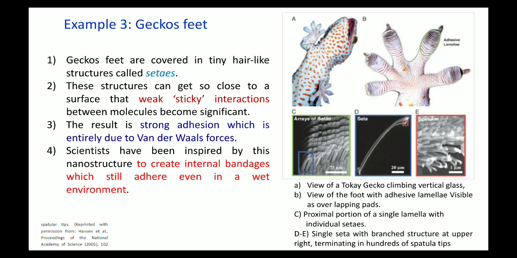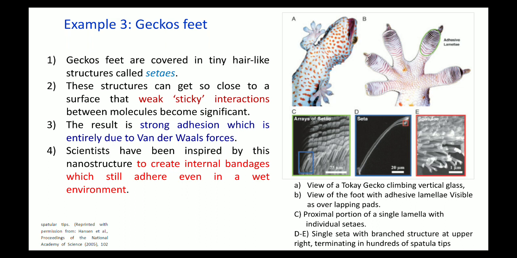In image C there is an array of setae: the proximal portion of a single lamella with individual setae. So a single lamella is made up of arrays of individual setae. Image D is showing a single seta. In image C you can see the arrays of setae, and in image D you can see a single seta.